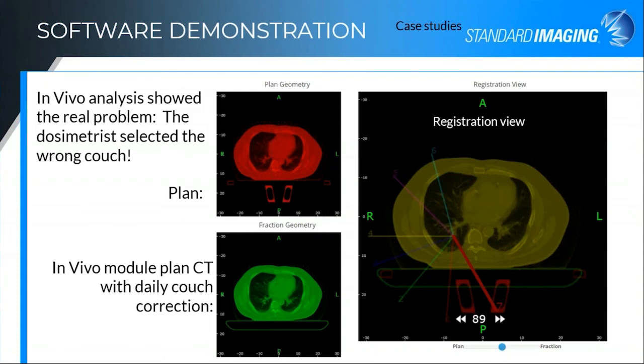Although nobody caught at plan review that the image showed the couch rails and that the beam was planned to go through them, the patient was actually being treated on an IGRT couch. So the attenuation that was included in the plan was not there in the treatment delivery.